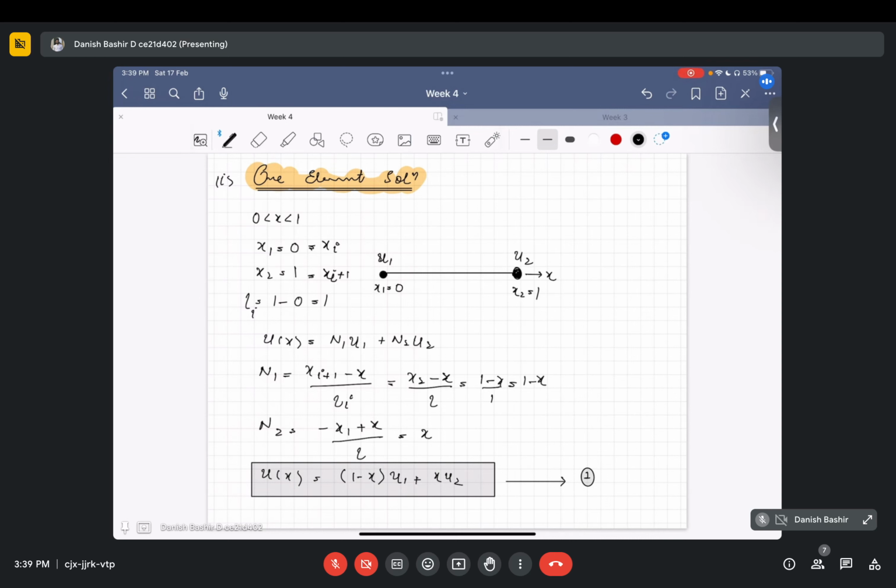Don't confuse it with the previous equation number 1. We also have the boundary condition given that u of x at x equal to 0 is equal to 1. That means u at x equal to 0 is equal to u1, that is, u1 is equal to 1.